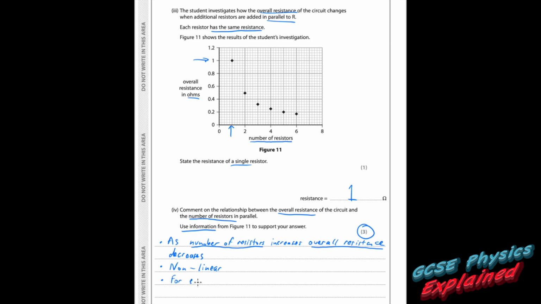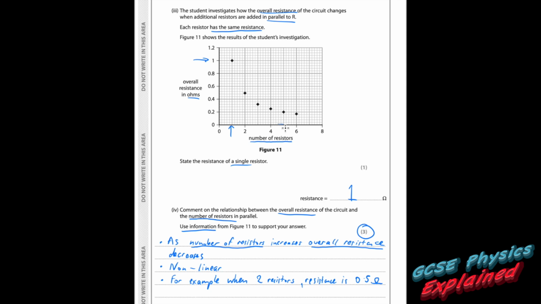So, for example, when two resistors, so 2 resistors, the resistance is 0.5 ohms. And when we've got, I'll say 5 resistors, that's easy.